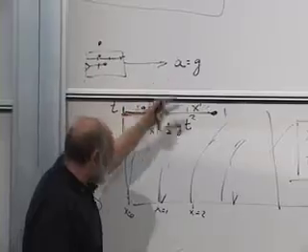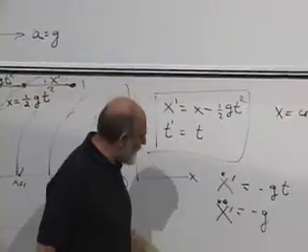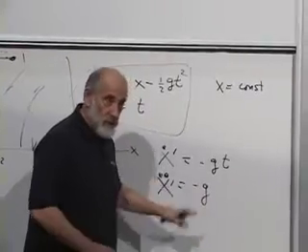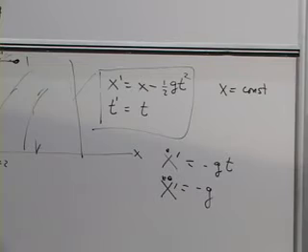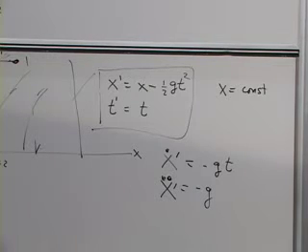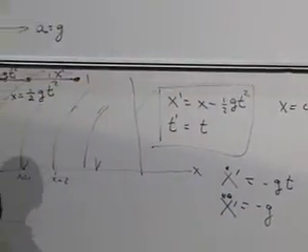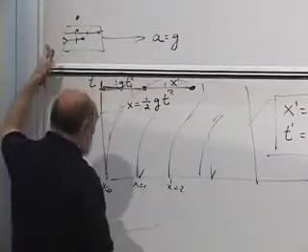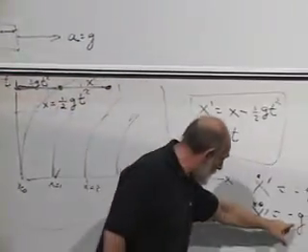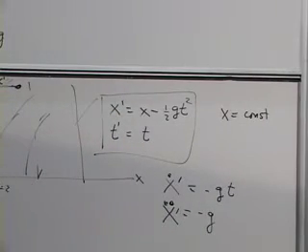The accelerated elevator gives rise to an acceleration for anything that you drop, which is just minus g, just like in an ordinary gravitational field of the Earth. So anything dropped in this elevator accelerates toward the floor, not in the direction of the elevator's acceleration, but in the backward direction. That's the minus sign here, and it accelerates backward with the acceleration minus g.